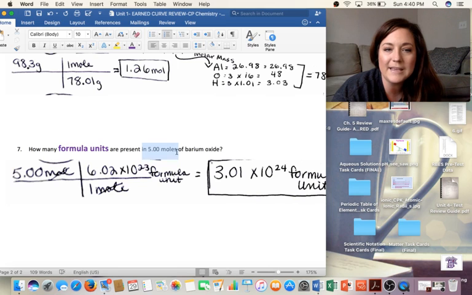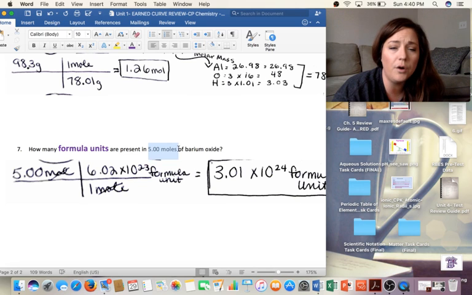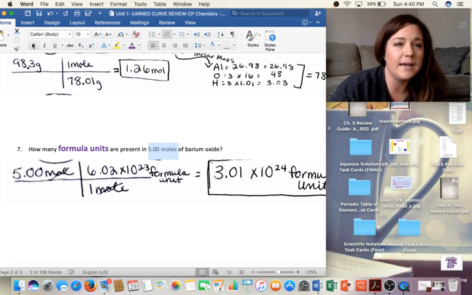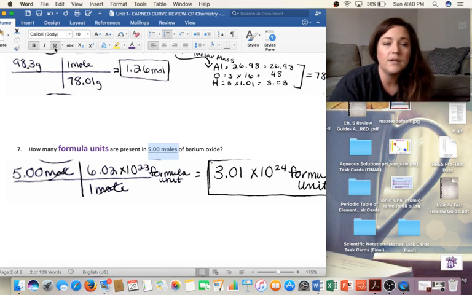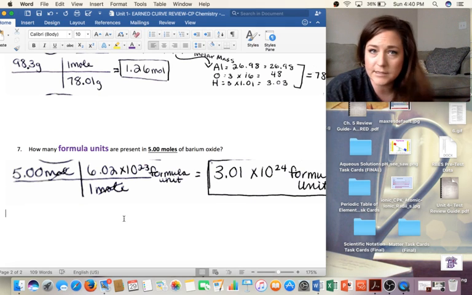Then my given happens to be 5.0 moles of barium oxide. So the fact that it is a representative particle, I do not need to find my molar mass.